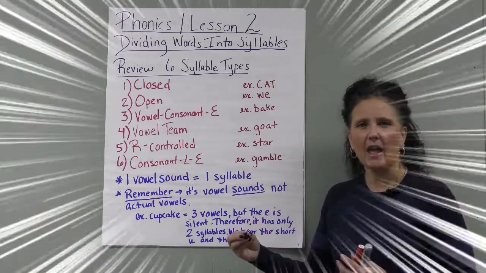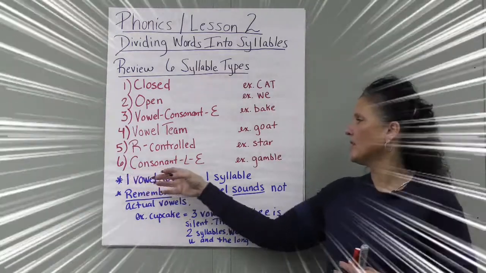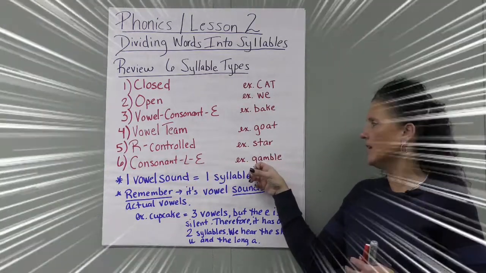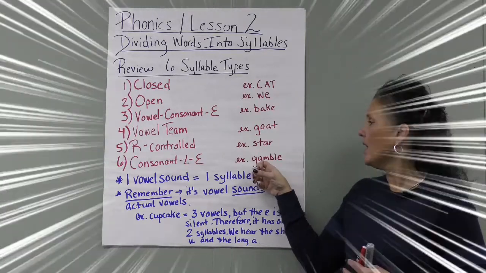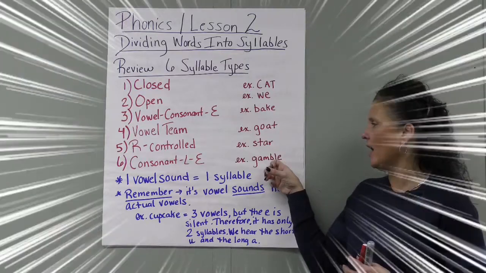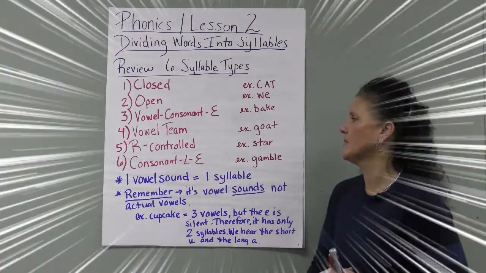We don't hear the A, right? So that would be the R controlled. And then we also have consonant L-E, like gamble, right? We have A, here's our vowel, and then M, and then B, and then L, and then E. So there's our L and our E on the end of the word. So those are our 6 types of syllables.